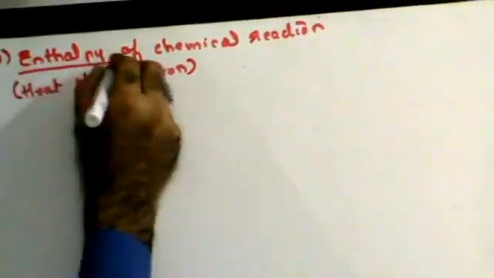Which is also referred to as heat of reaction. Right. Enthalpy of chemical reaction. The total enthalpy change that takes place in a reaction.